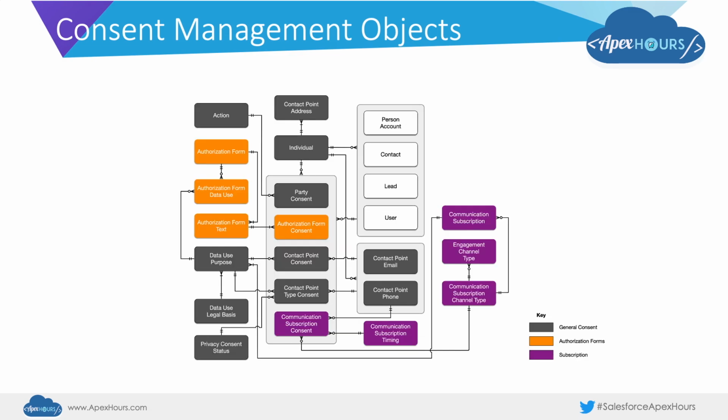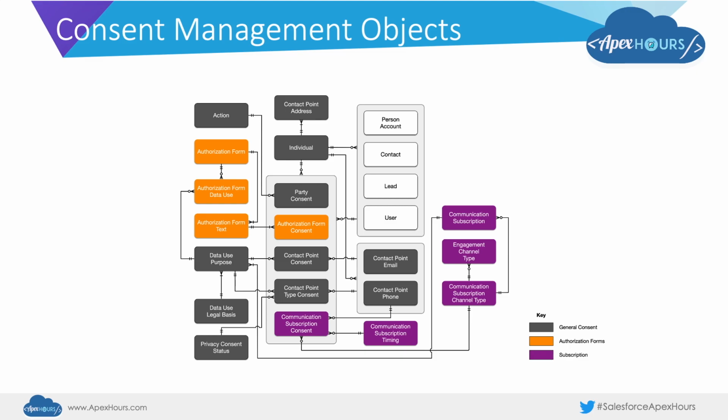The following diagram illustrates all currently available consent management objects and their relationships. The objects colored in orange keep track of data related to authorization forms, such as terms of service, privacy policies, and other consent forms. Each authorization form object stores different data, and you can use them together to create a full picture of an individual's consent to the authorization form.